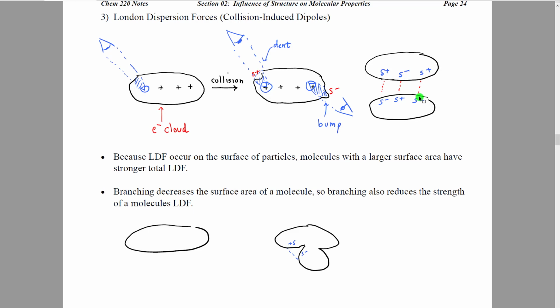Another way to visualize this is Velcro. If you've ever looked at Velcro, Velcro has two sides. On one side, there's a fuzzy, soft side, right? And that's really just a whole bunch of loops of thread that have been sewn together.